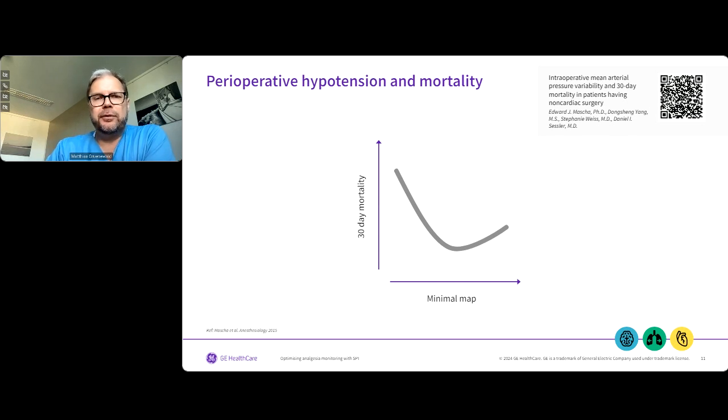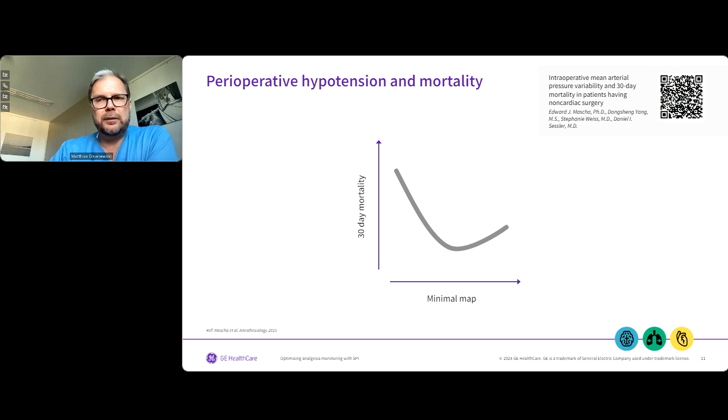And of course, we have the fact of cardiovascular instability. We see that when we have fast induction, our patients tend to be more unstable. This is because of the vasodilative and negative inotropic effects of our anesthetics.